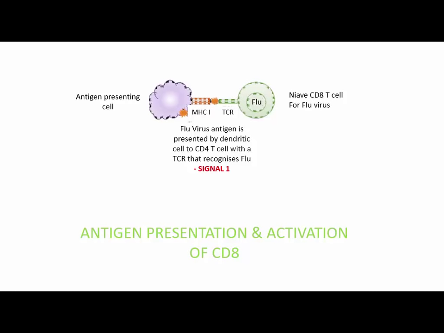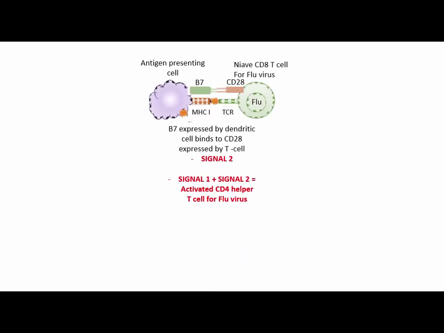And it's the same scenario as before. The antigen presenting cell presents MHC1, and the binding of MHC1 to the T cell receptor causes signal 1 on the CD8 cell. And B7 CD28 causes signal 2 in the CD8 cell.